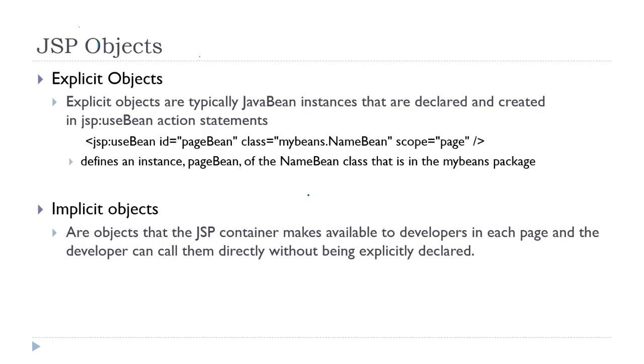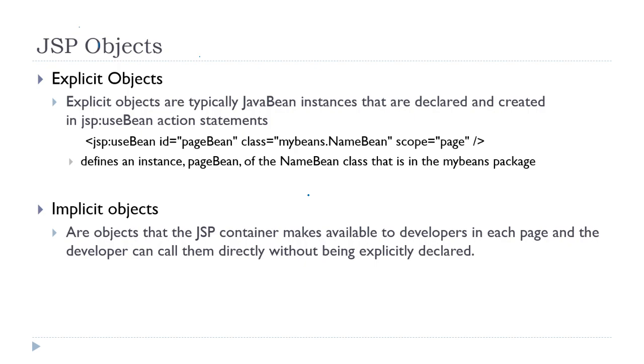Then explicit objects are typically Java Bean instances that are declared and created using the JSP useBean tag. A Java Bean is nothing but a Java class, and there are some restrictions on this class: it should have all fields private, and to access these private fields, we should have public methods called getters and setters.